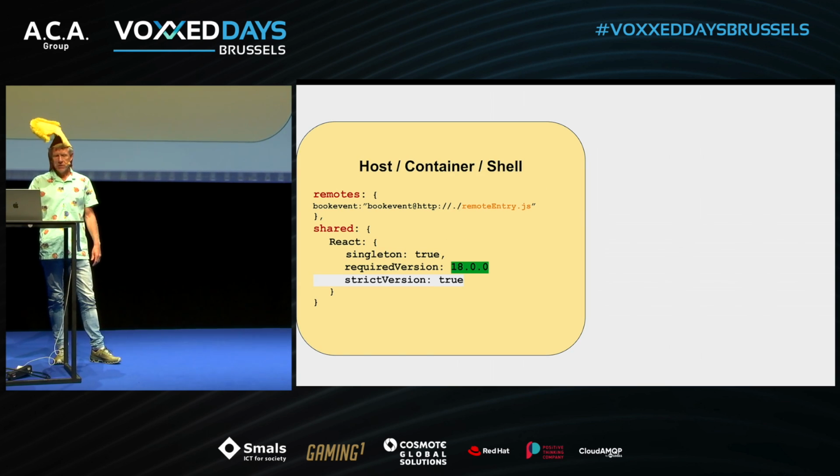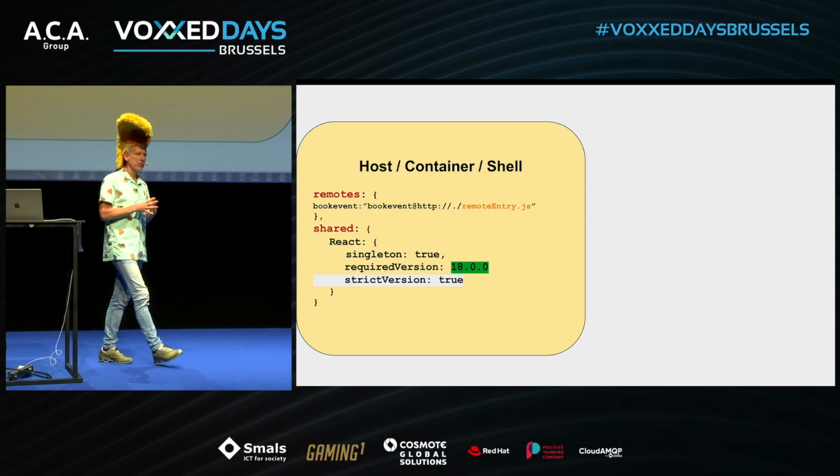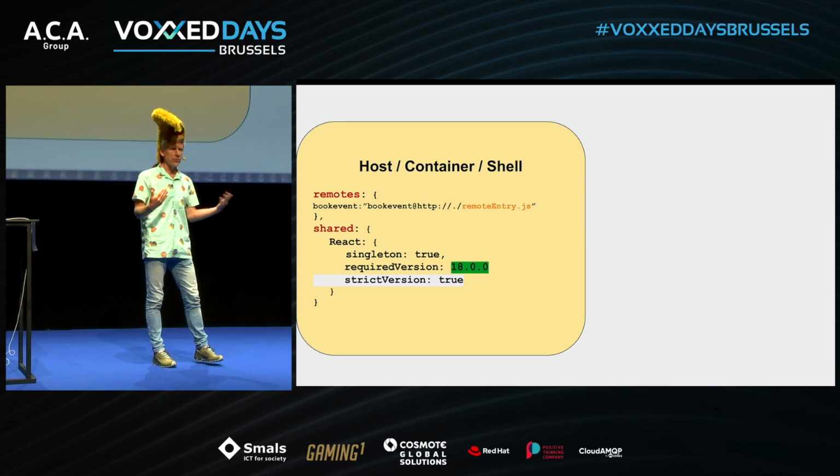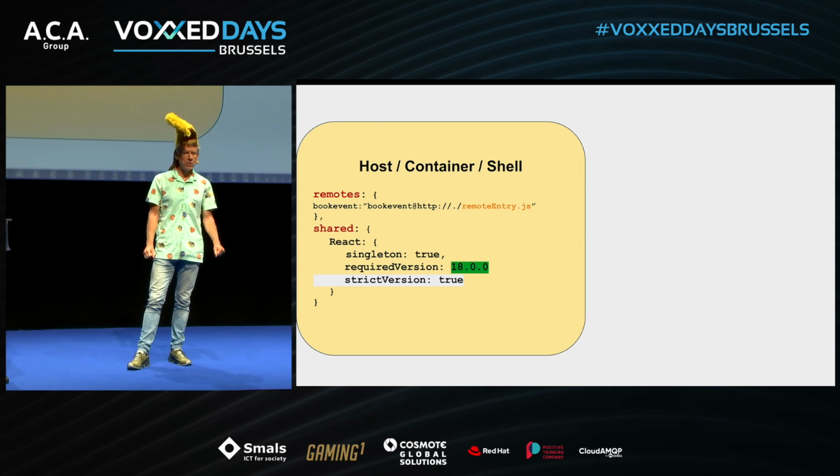you see a little bit the same example, but the container can also have a shared section where you define your shared libraries. For example, in this case, a React application I've created, and it is a singleton, so only one can be available.